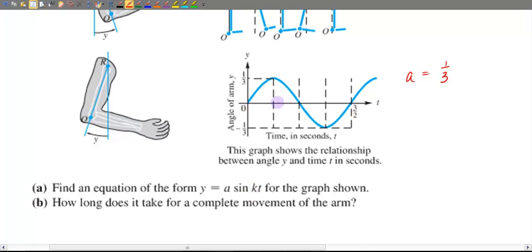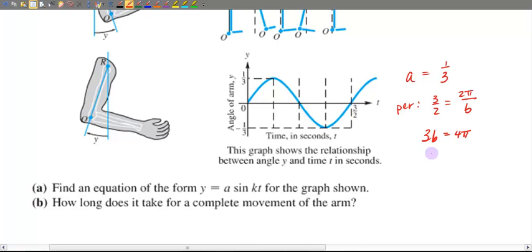Well, if I know that one complete period is 3/2, and to find the period we take 2 pi over b, I can set these two equal to each other and solve for the missing variable. So I'm going to cross multiply. I get 3b is equal to 4 pi.